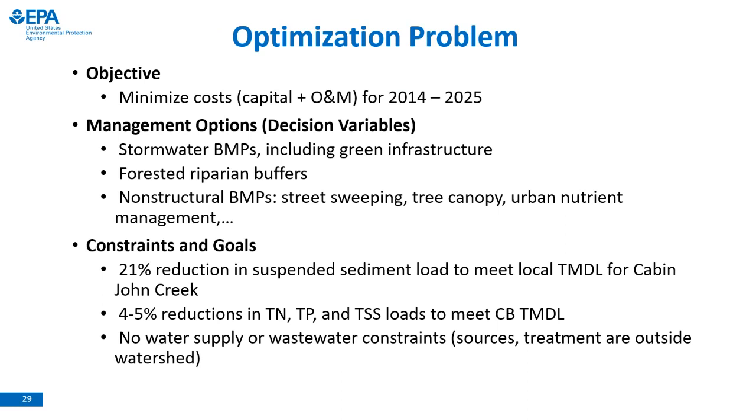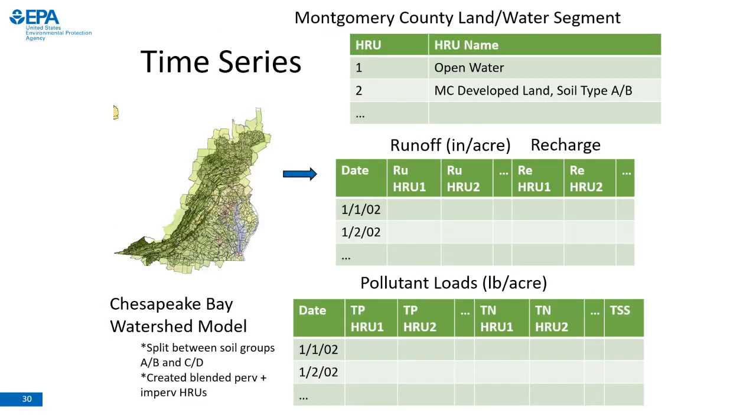This particular case study was simplified in that we didn't have to meet any water supply or wastewater constraints because the sources and treatment are outside of the watershed and accomplished via interbasin transfers. So we took our inputs to WMOST from the Chesapeake Bay watershed model. We had to do a little bit of additional processing of those time series.